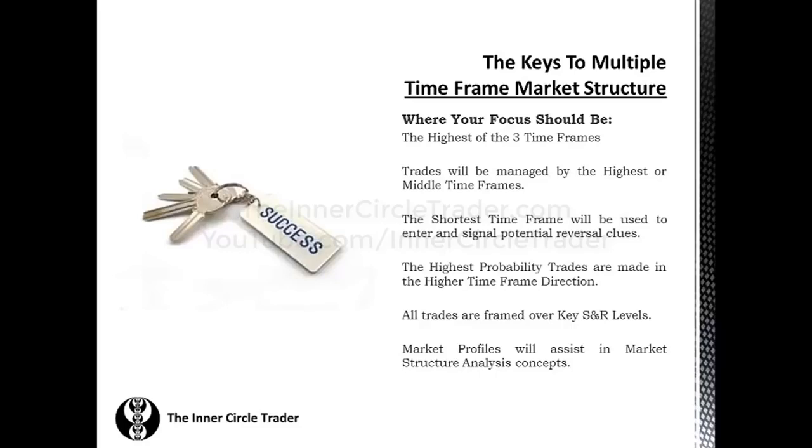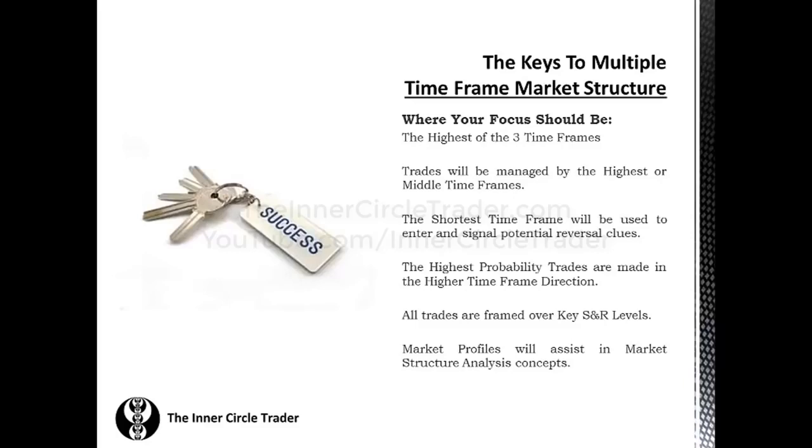Okay, once you get into a trade, you would be managing that trade on a 4-hour time frame, and you would just use the respective time frames we just talked about in the previous slide. And then your 1-hour chart would be used for timing purposes. Okay, so the shortest time frame in that regard for swing trading would be the 60-minute chart. So your entry signals would be derived from having studied the market structure on the daily and the 4-hour.